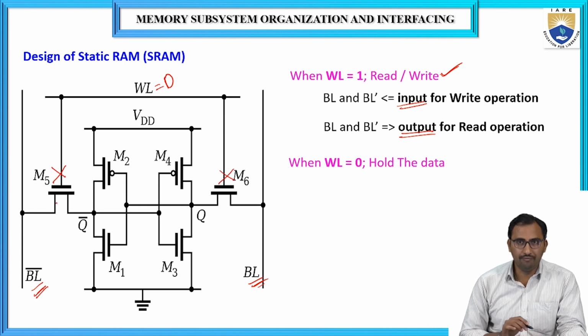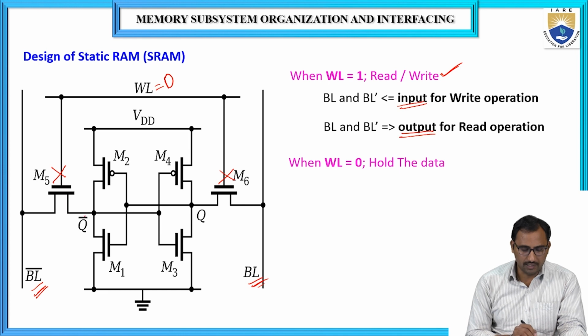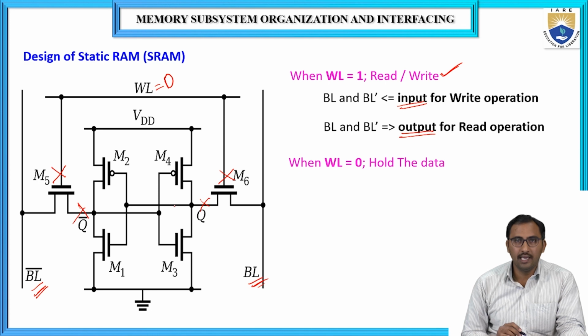If M5 and M6 are turned off, then we cannot read or write the memory cell, because it will be disconnected from the bit lines. So when WL is equal to 1, we can perform a read or write, and when WL is equal to 0, the memory cell will hold the data.